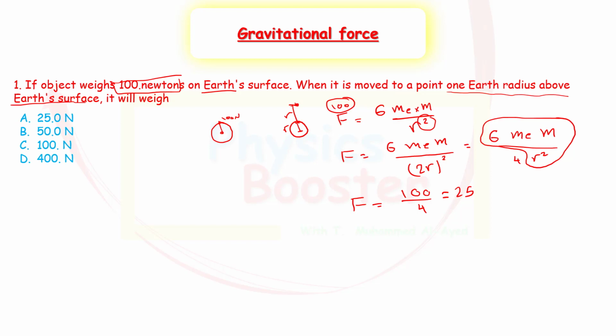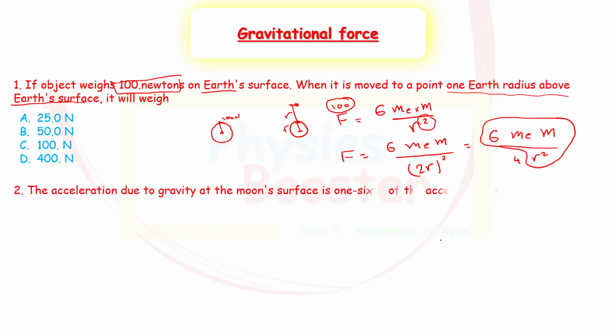So always keep in mind that changing the radius is always squared. Another example: if the object is now 3 times farther away from Earth, the force will be 9 times smaller. If it was 4 times away from Earth, it will be 1 over 16 times smaller, etc. So the distance between the two objects is always squared.